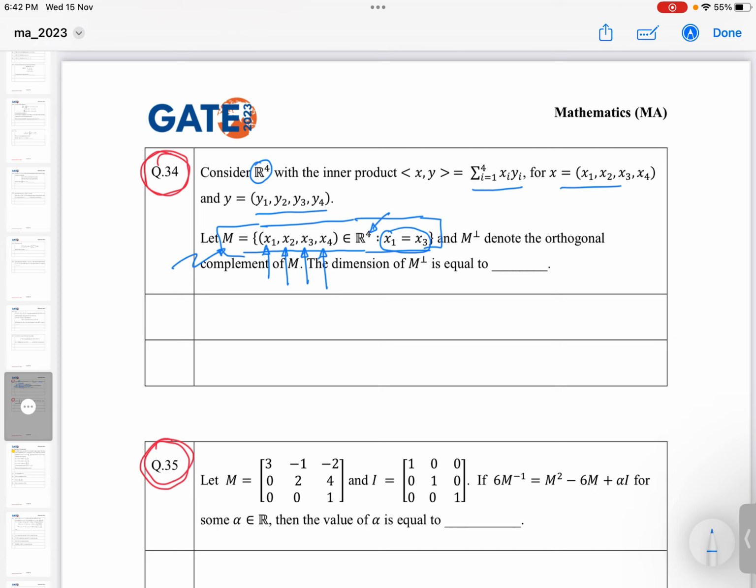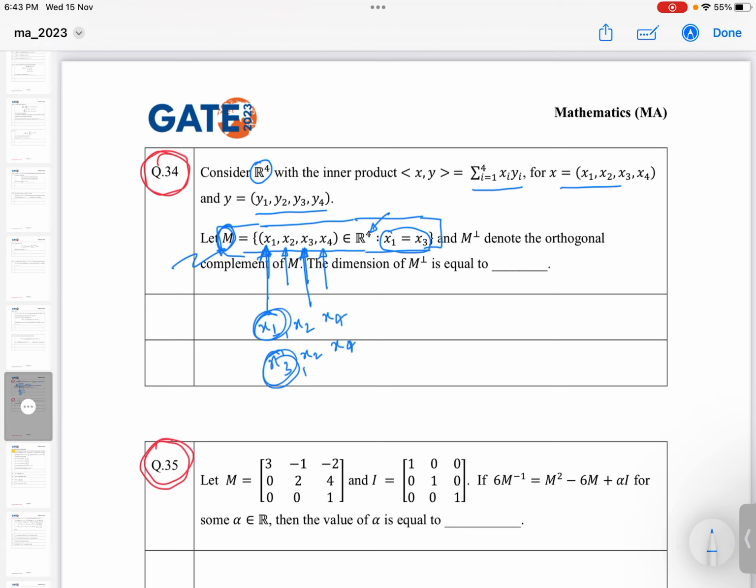So if you know x1, then you also know x3. So if I ask you how many components you need to define this M, you need only three components. Either you need x1, x2, x4, or you need x3, x2, and x4, because if you know x1, then you know x3, or if you know x3, then you know x1, right?